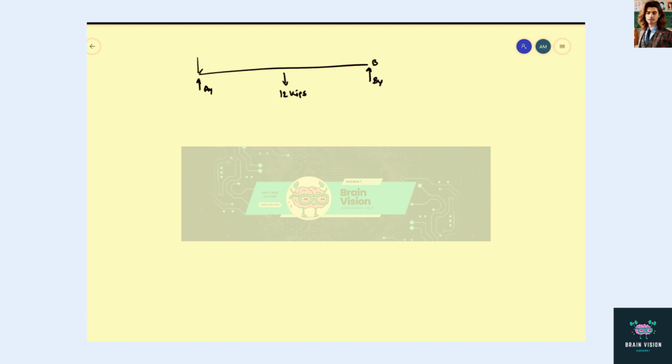And then we have this, and this is 2.5. From here to here, 6 feet. From here to here, 4 feet.